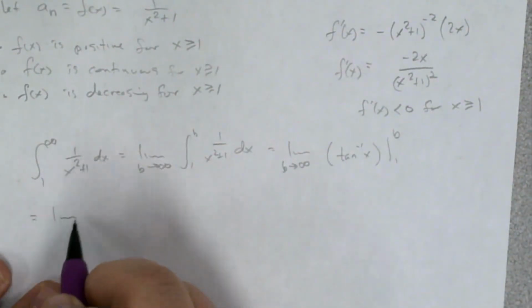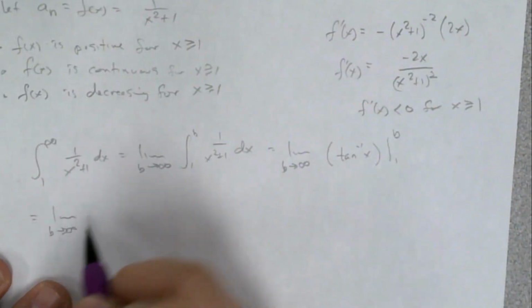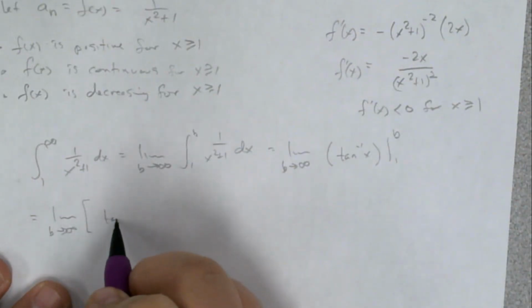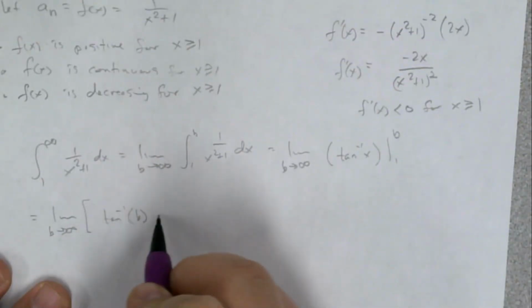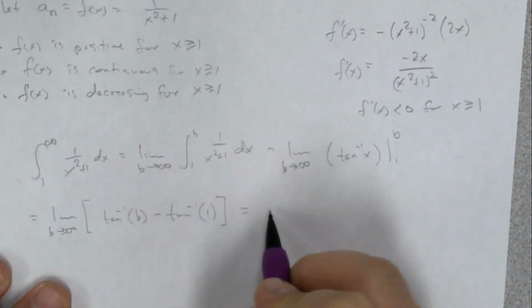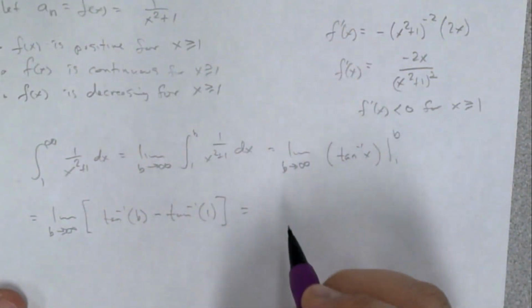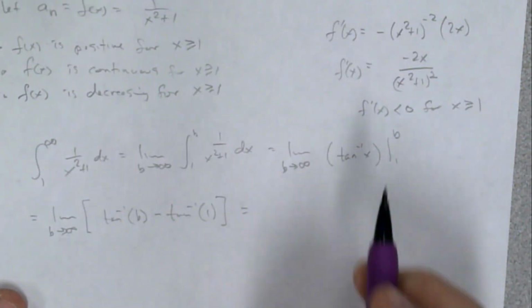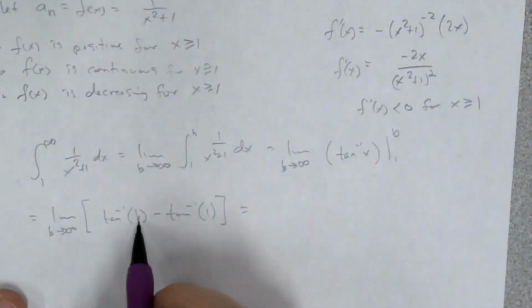So now we have the limit as b goes to infinity of the inverse tangent of b minus the inverse tangent of 1. So as b goes to infinity, remember the inverse tangent, if you did not know, I'm going to do a little quick sketch over here.